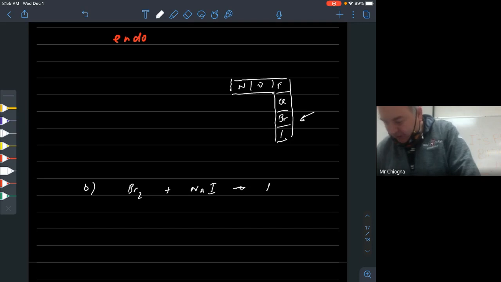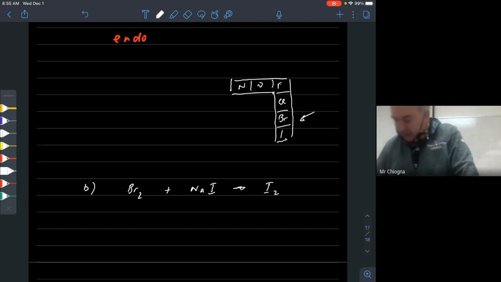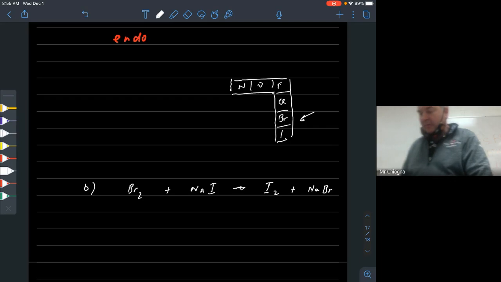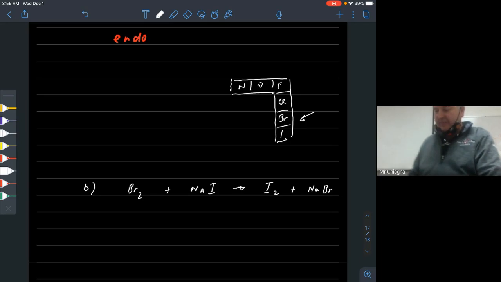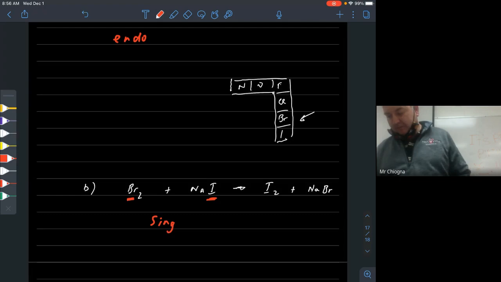So I2 plus sodium bromide, NaBr. You should know how to find the formulas by now for those. Okay, so what's happening? If you take a look, that's a nonmetal. That's a nonmetal. They're trading places. So one element's being replaced. It's called single replacement.